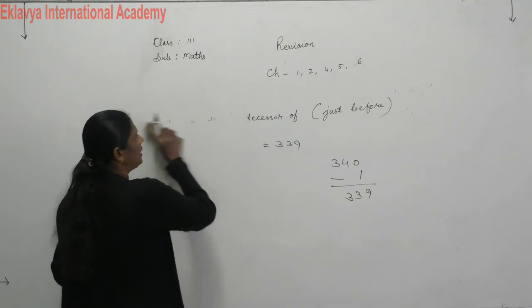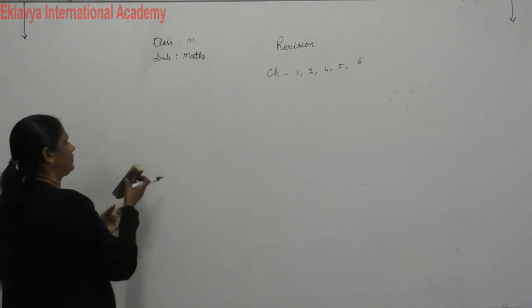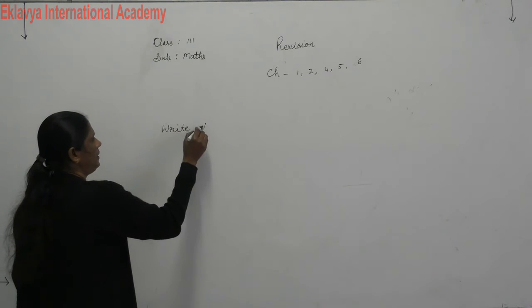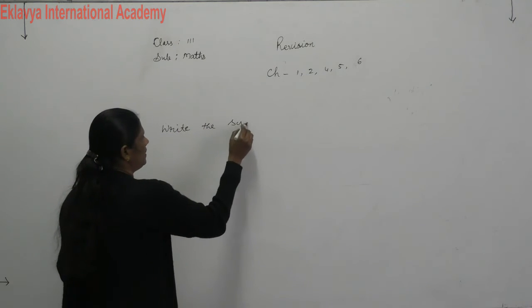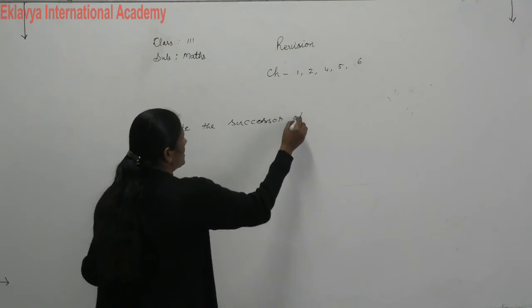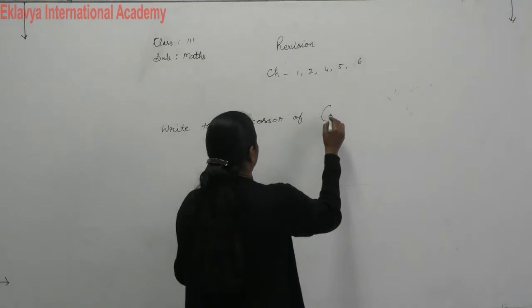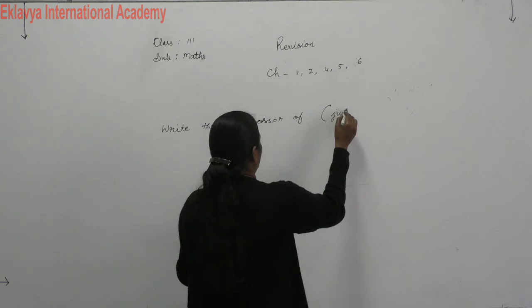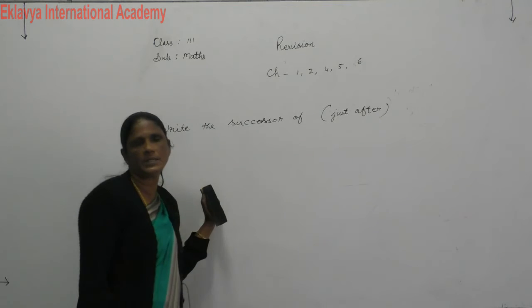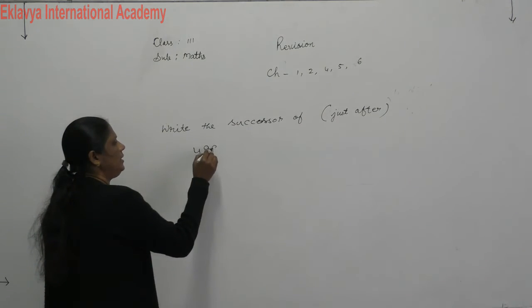Then write the successor of. Successor means just after. Then 499.